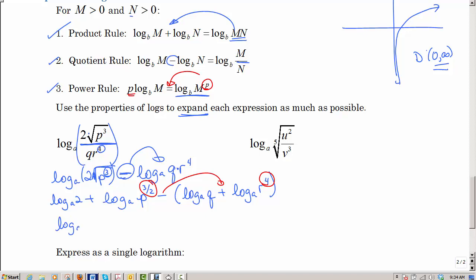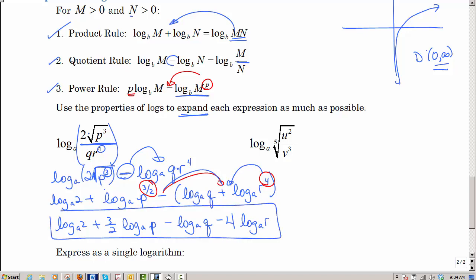So I have log base a of 2 plus 3 halves log base a of p minus log base a of q, and then minus 4, that comes down in front, log base a of r. We have expanded it as much as possible. Yes, that's ugly. It's just practicing those rules.